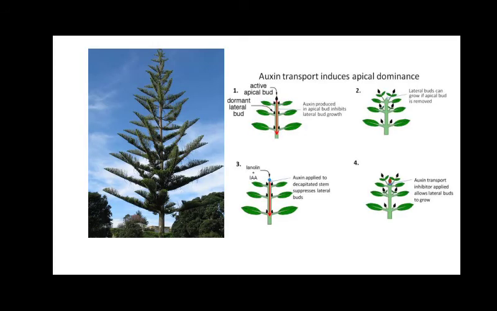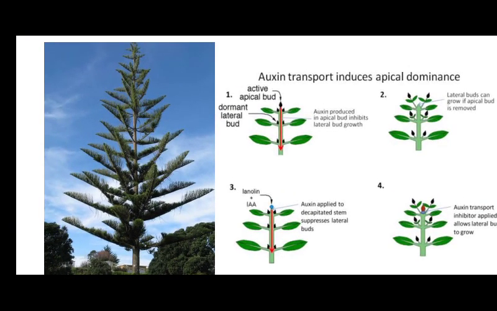Now, one more very important property of auxin is apical dominance. Apical dominance is a term used to show that the tip of the plant is able to grow more. As you can see in the picture shown here, the plant is growing taller and taller, with increasing foliage at the tip region, and it keeps on growing as tall as possible, isn't it?